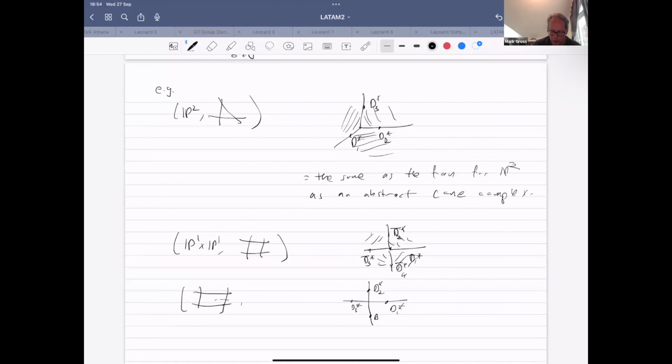So this procedure loses quite a lot of information because it can't really tell the difference between this toric example and this non-toric example. You still get something that looks abstractly like the fan for P1 cross P1. Okay, so this is something we can do regardless of any assumptions on D. This just captures the combinatorics of how the various irreducible components in D meet.